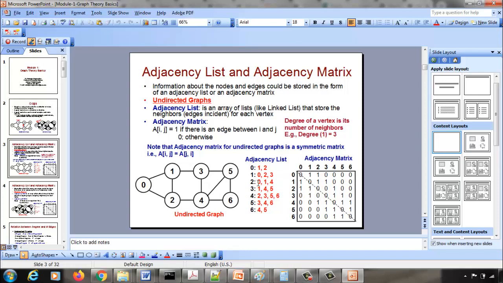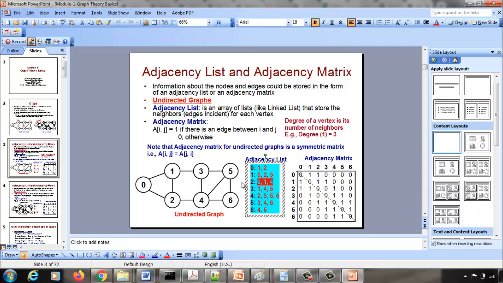So we basically store the neighborhood information in the adjacency list. You could store the neighbors in any order, but typically you store it in the increasing order of the node IDs. So each user, again in a social network, is given a unique ID. That's what we do from a graph theory point of view. Each node or vertex has a unique ID.